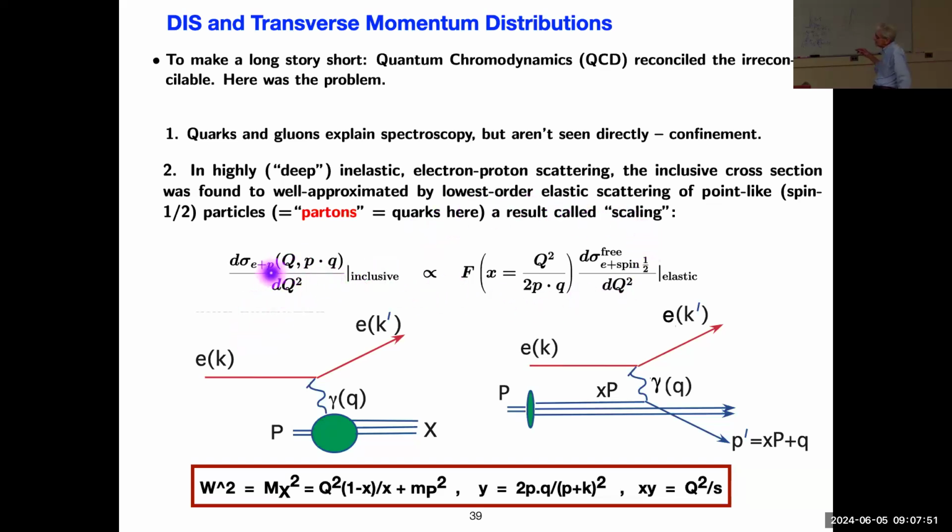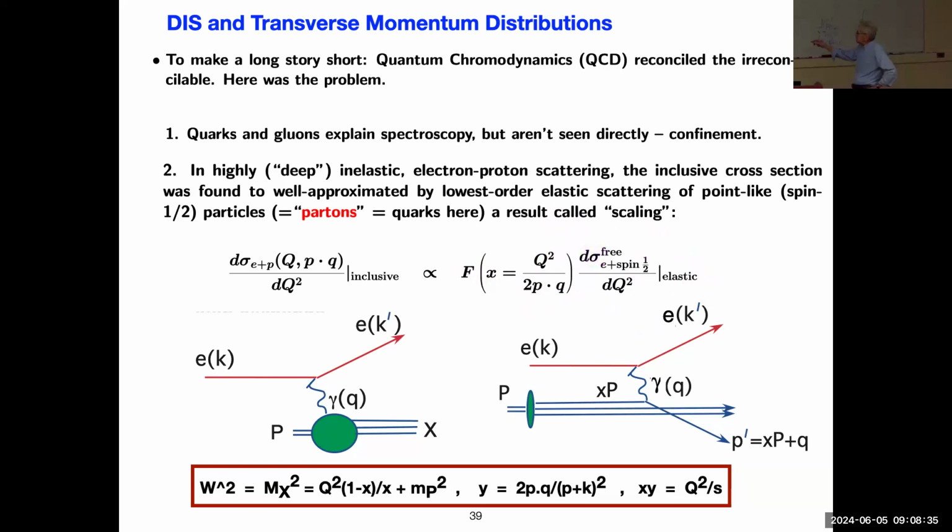We have the inclusive cross-section, dσ(e+p)/dQ², which is a function of Q, the momentum transfer, P, the target proton momentum, and P·q. So −Q² equals q², and it is of the form of a distribution, some function of the variable x, the famous Bjorken scaling variable, x = Q²/2P·q, times this free or Born or lowest order elastic scattering for an electron on spin 1/2.